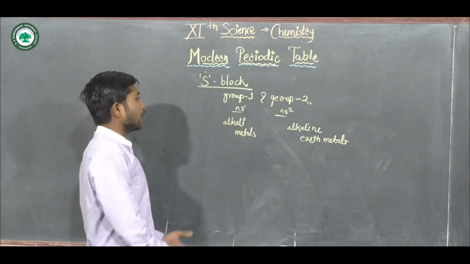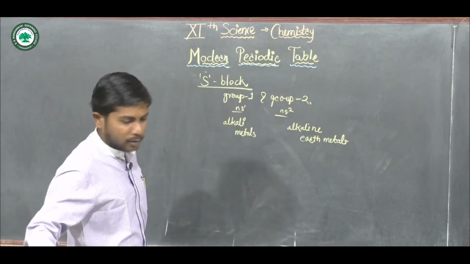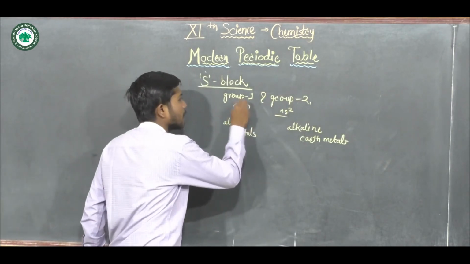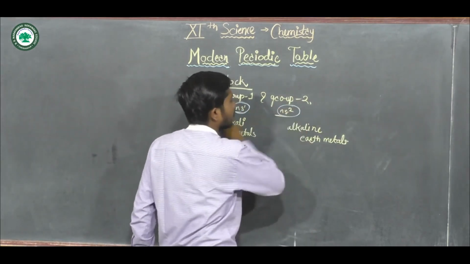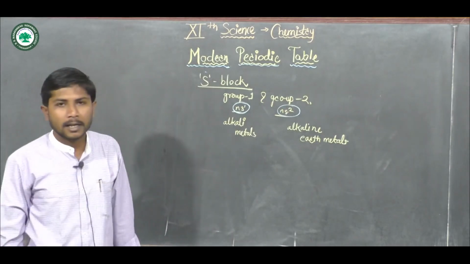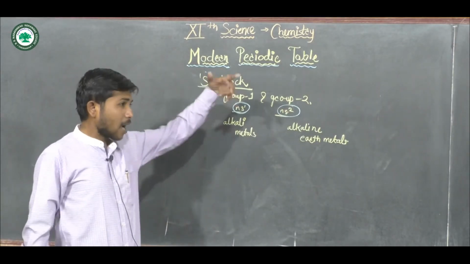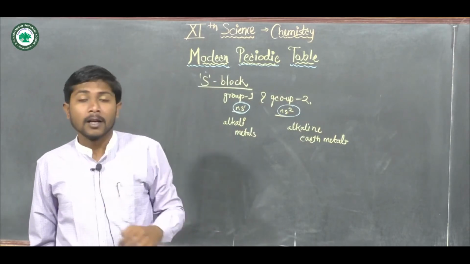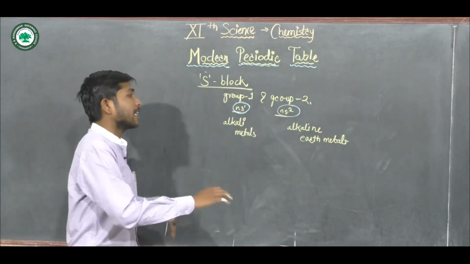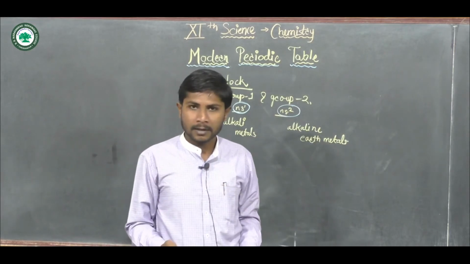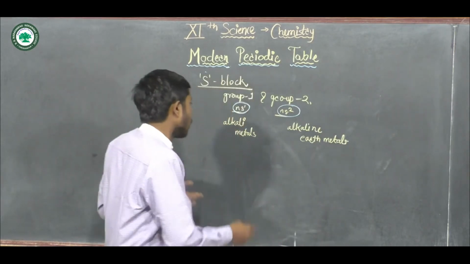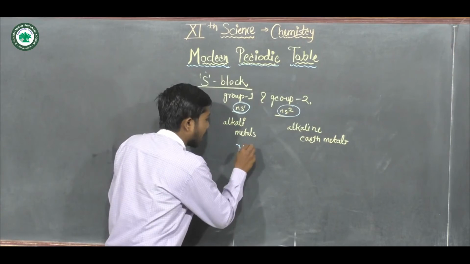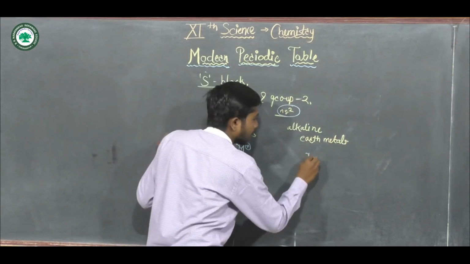General electronic configuration for alkali metals we have written already, that is ns1, and for alkaline earth metals it is ns2. Means their outermost orbit consists of 1 and 2 electrons respectively that they can readily donate to form metal ions.